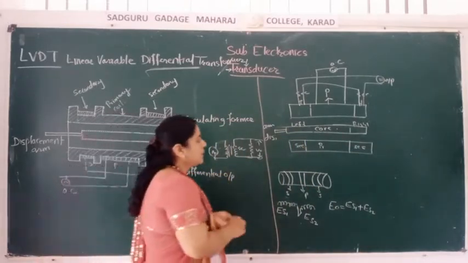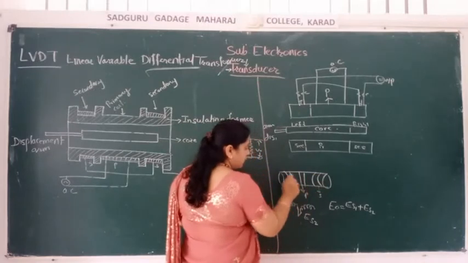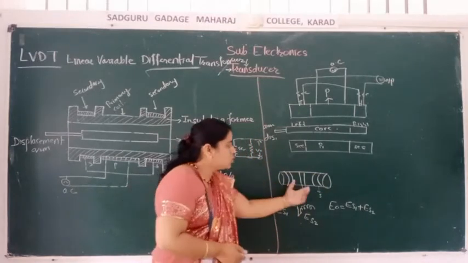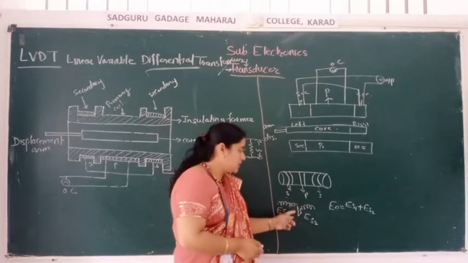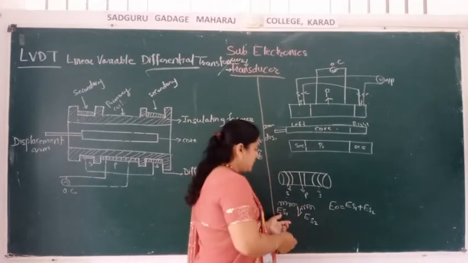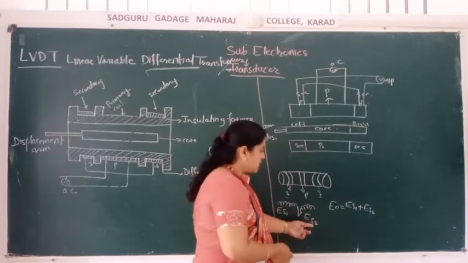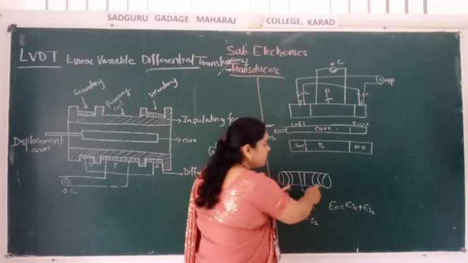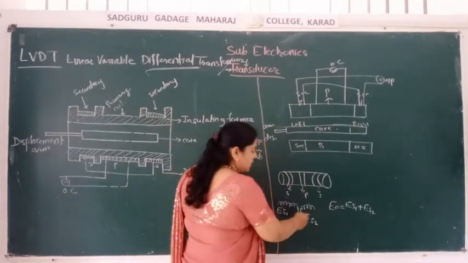What happened? See here, there are two secondaries and one primary, and these two coils are exactly opposite. If ES1 is in the clockwise direction, then ES2 will be in the anti-clockwise direction. These two coils are opposite, and they are connected to each other.